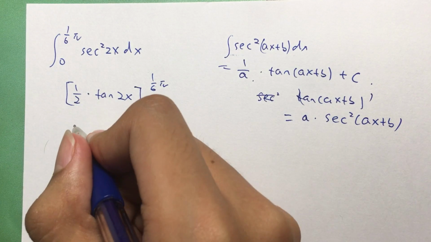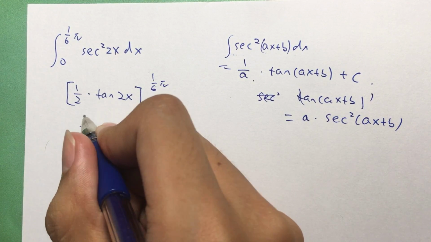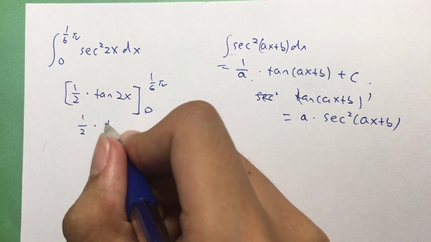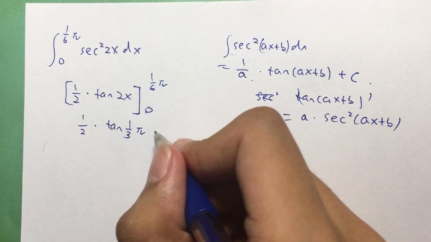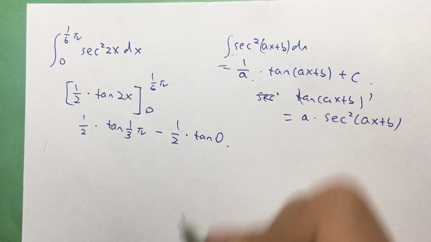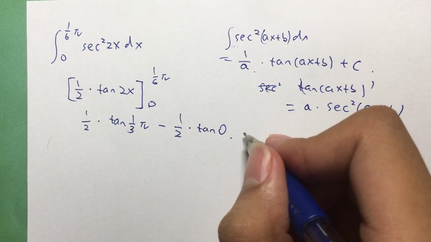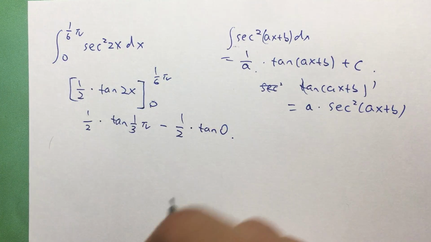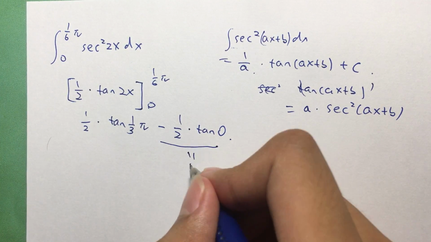So now let's substitute 1 over 6 pi first. It becomes a half times tangent 1 over 3 pi minus a half times tangent 0. And we know that tangent 0 is equal to 0, which means that this part is equal to 0.